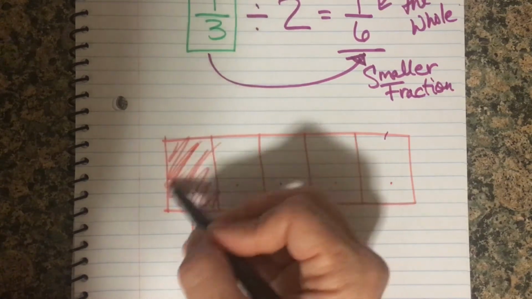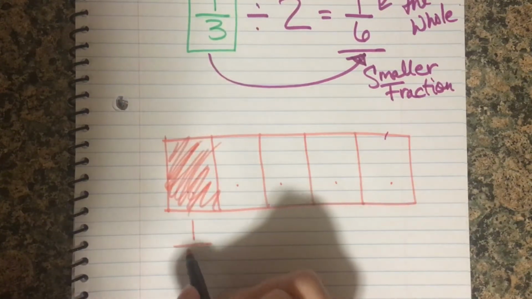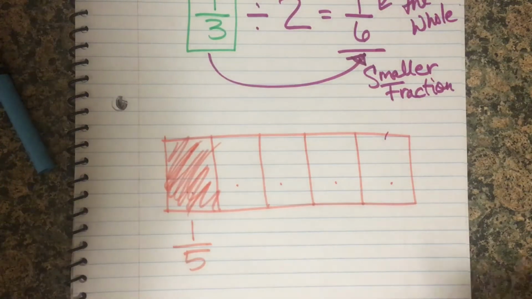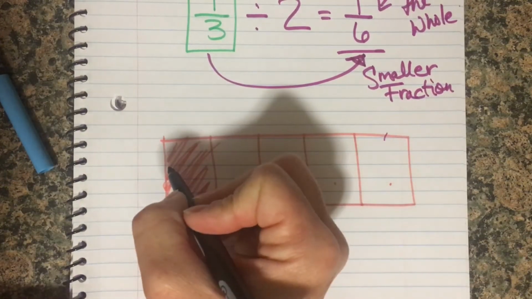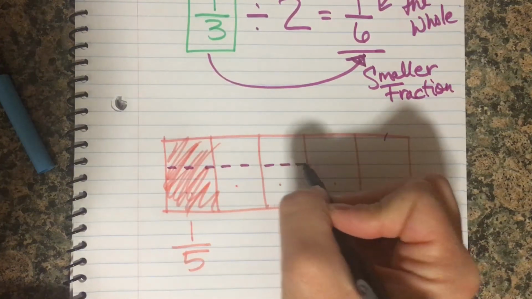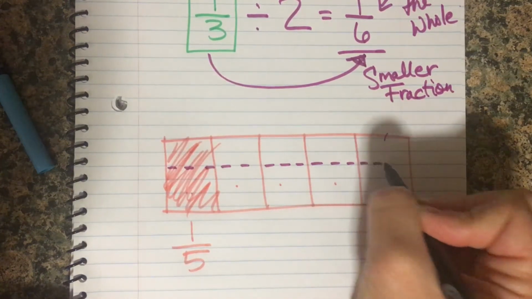So this shows 1/5 shaded. Well, let's say I take my 1/5 size piece and I say I'm going to share it and I'm going to split it into 3 pieces. I have to show the dashed lines.